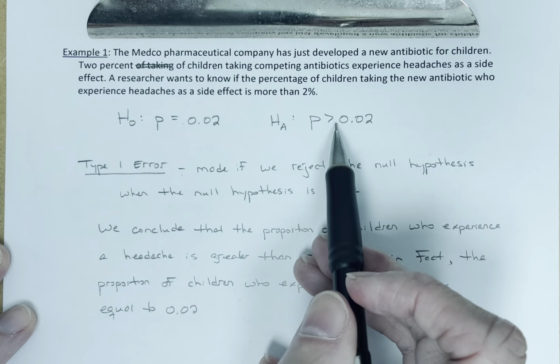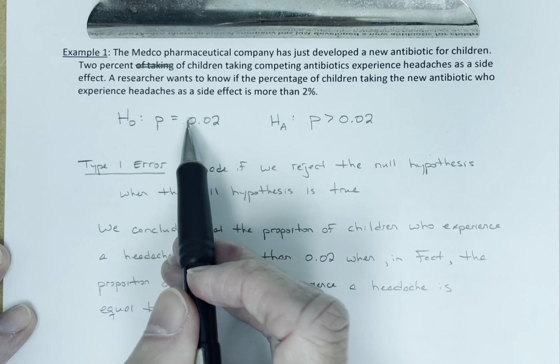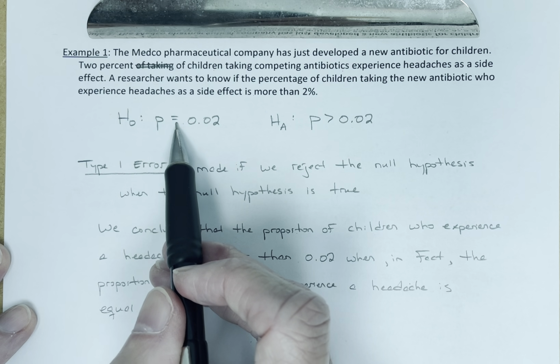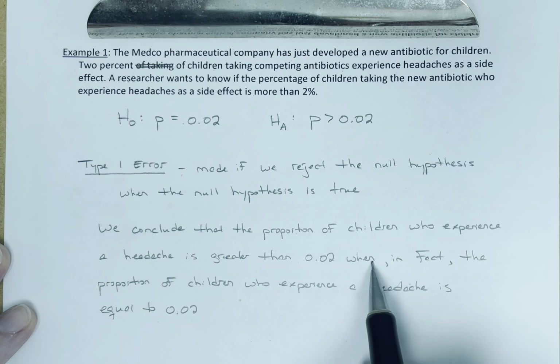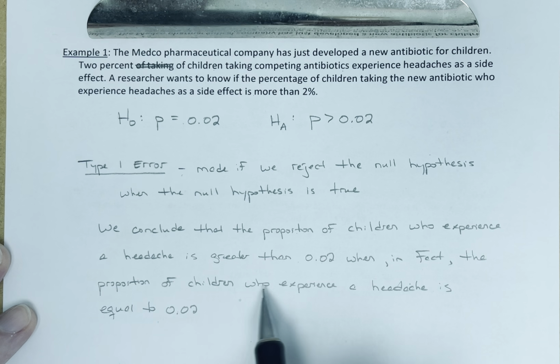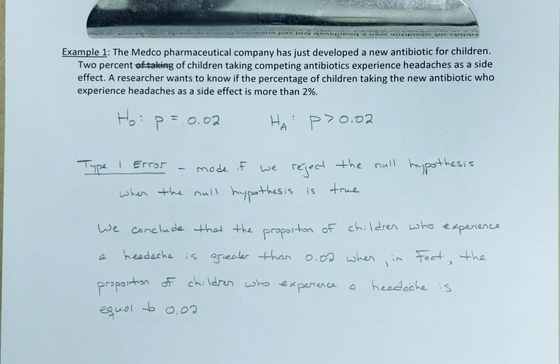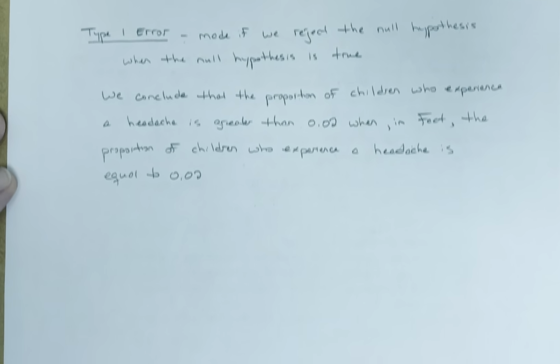Well, if we conclude this is true and we reject this, and this is actually true, then in fact in this case, the proportion of children who experience a headache is equal to 0.02. We rejected the null when in fact this is what is true. That's a type 1 error with this example in words.